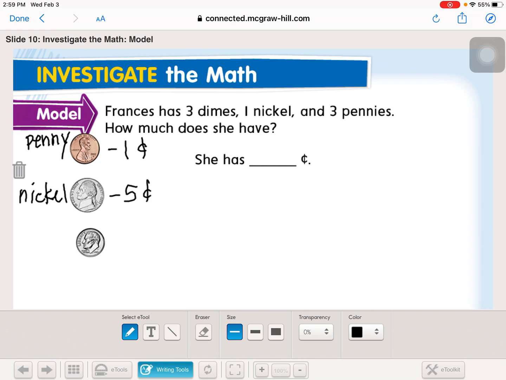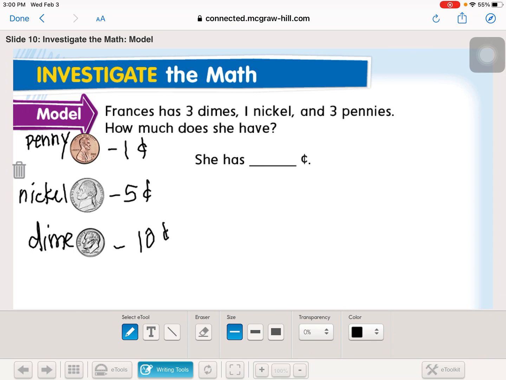But notice that the dime is smaller than the nickel, but it's worth 10 cents. And that has to do with what it's made out of. The material that it's made out of is worth a little bit more, kind of like gold is worth more than silver. So we have 1 cent the penny, 5 cents nickel, and 10 cents for our dimes.